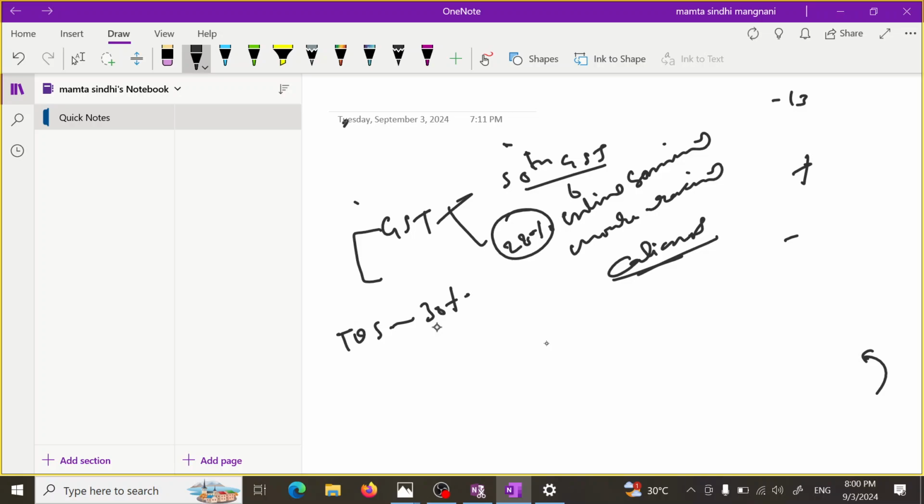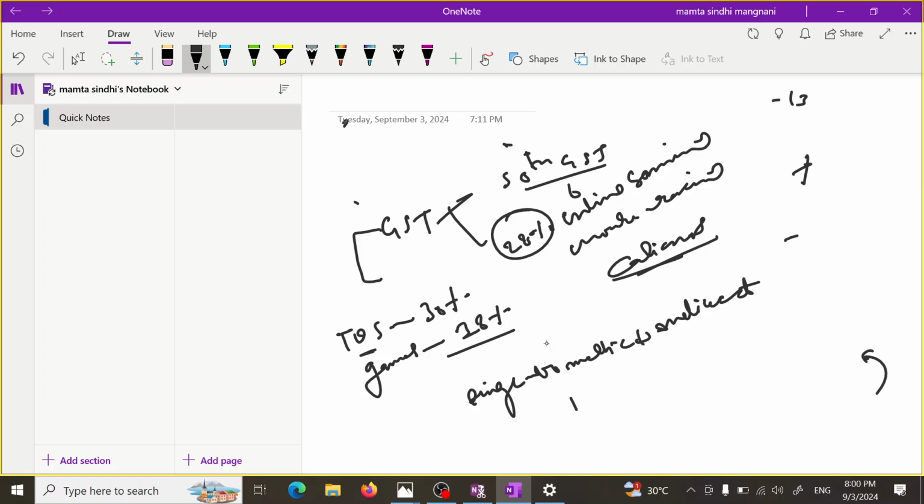Okay, 28%. And GST is a single domestic indirect tax law, and it is a multi-stage and destination based tax.